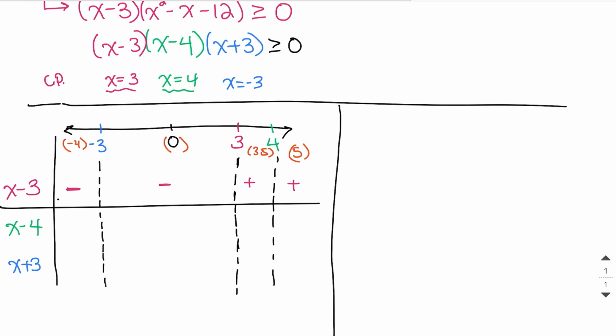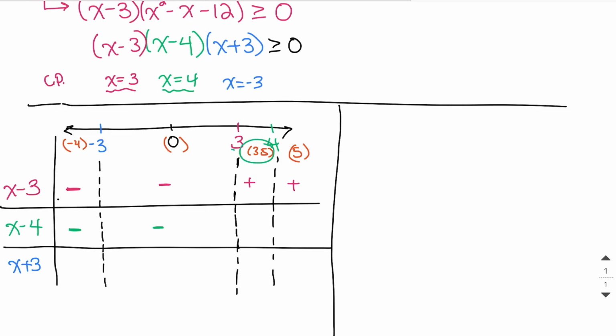Okay? All right, in the next one that we have here, we have x minus 4. If I were to plug in negative 4 for x here, I would have negative 4 minus 4, which is negative 8, which would give me a negative value. Here, if I plug in 0 for x, I would have 0 minus 4, which is also negative 4, so I would have a negative value here.